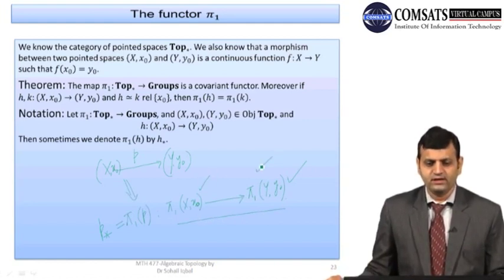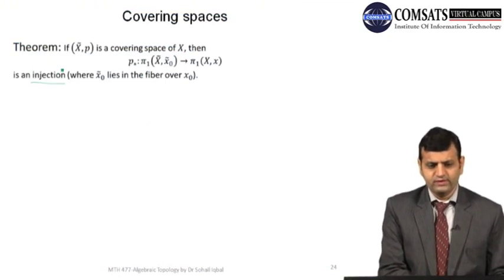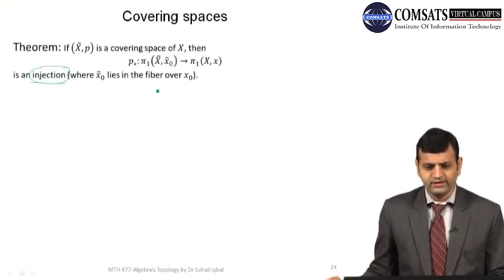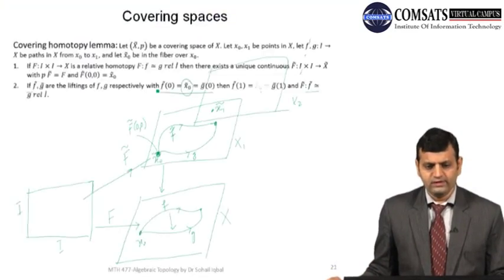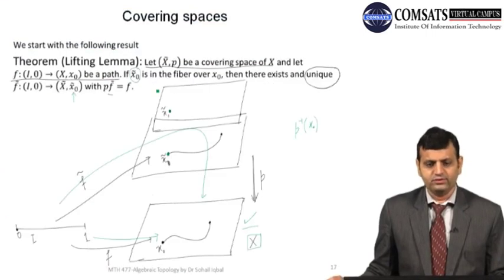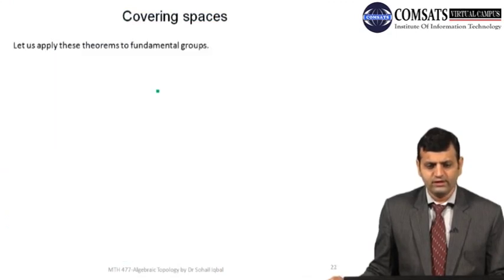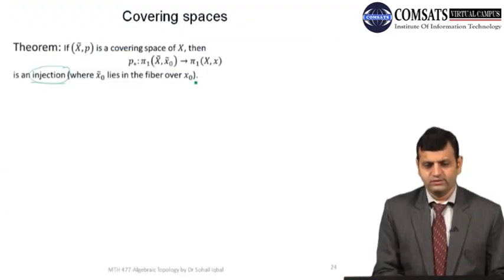So this result says that this is going to be an injection. It will be clear from our previous discussion of the covering homotopy lemma and the lifting lemma. In particular, we are going to use the covering homotopy lemma to see why this result holds.